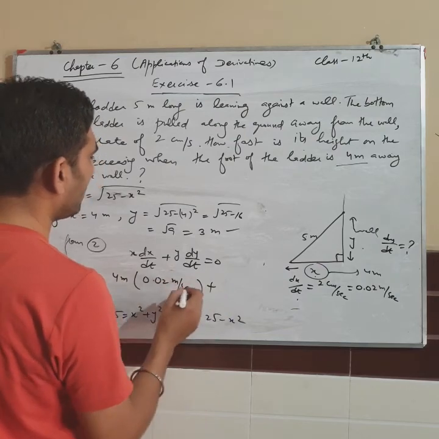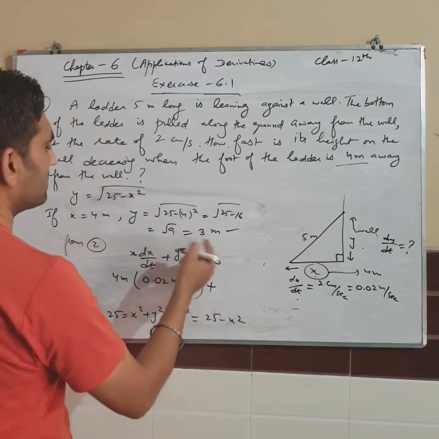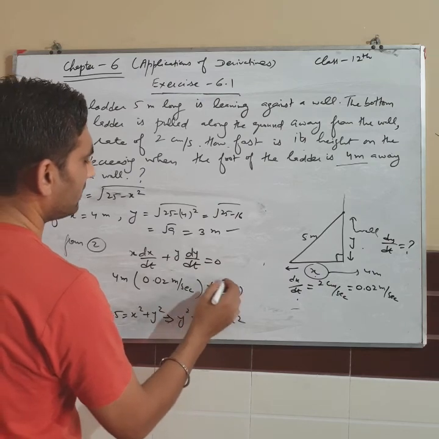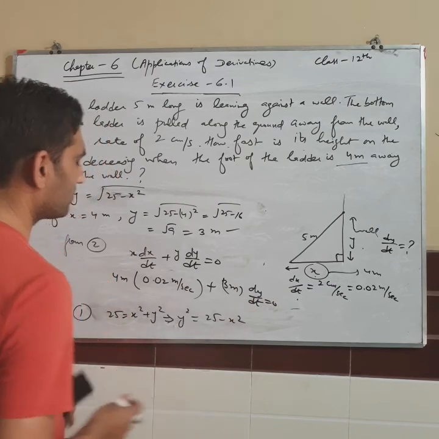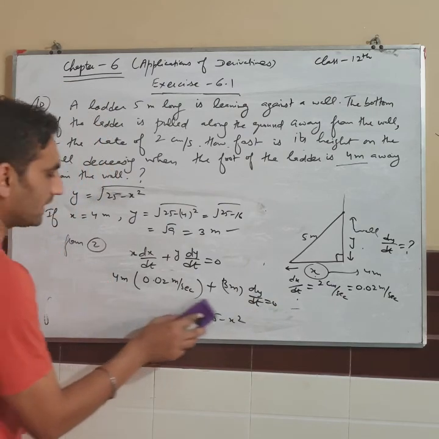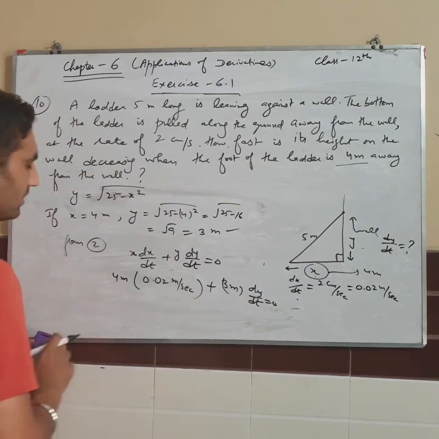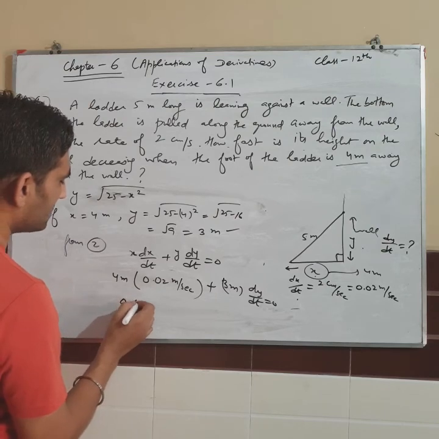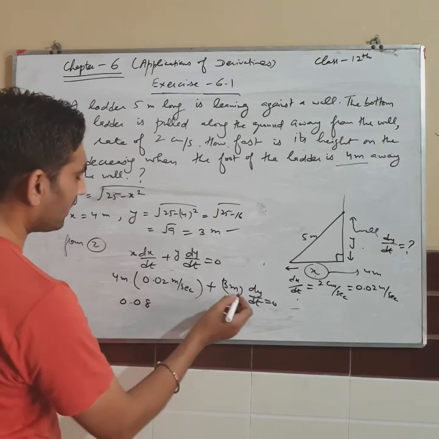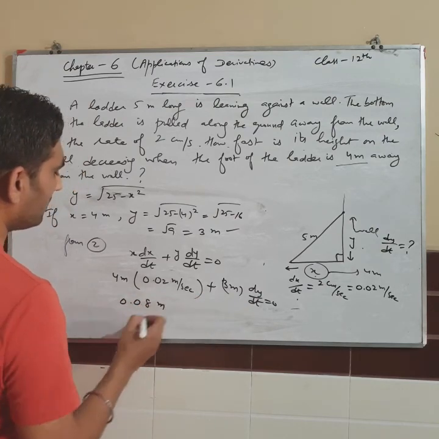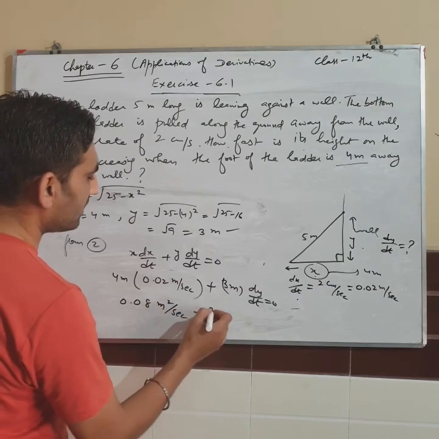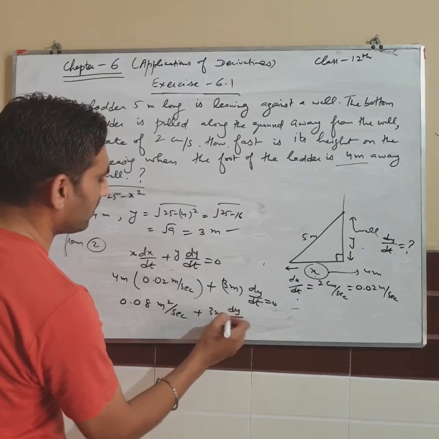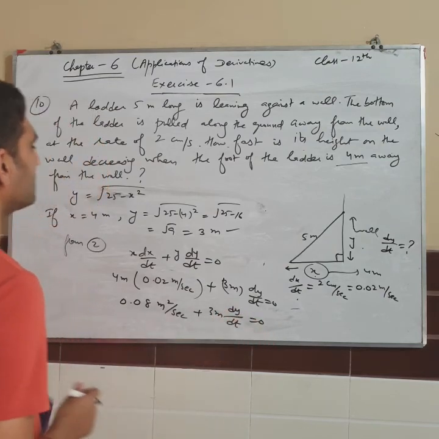Then you have y as 3 meters, and dy over dt you need to find, equal to 0. Now only the calculation work is left and we will reach our answer. So it will be 0.08 meter square per second plus 3 meters dy upon dt equal to 0.